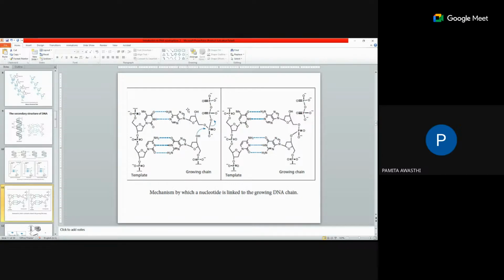Once the nucleotide is base paired, here the new nucleotide is coming onto the exposed template chain. Once this bonding interaction takes place, an enzyme-catalyzed reaction takes place, where the new nucleotide is linked to the growing complementary chain with the loss of a diphosphate group, which acts as a good leaving group.